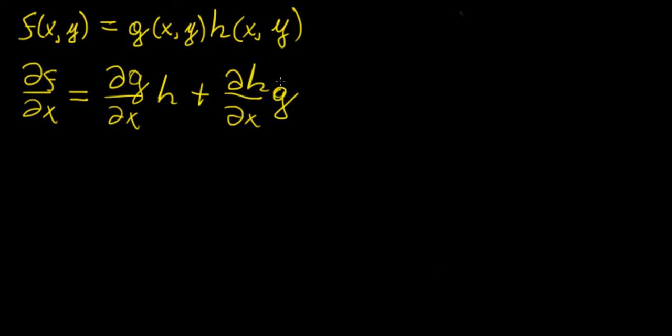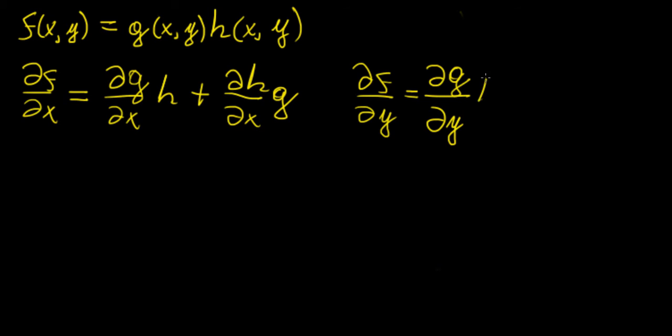Similarly, if we had the partial derivative with respect to y, that would be the partial of g with respect to y times h plus the partial of h with respect to y times g. So very straightforward. I don't think I need to show you a lot of examples with this because it's a very intuitive result.